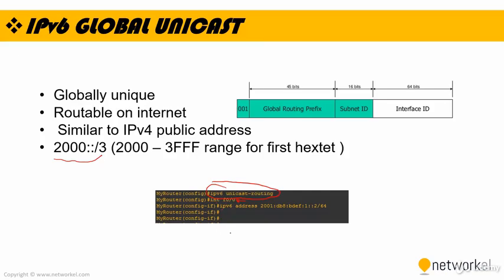If you were configuring IP version 4, you would type ip address followed by the address and the subnet mask. But if you're configuring IPv6, you type ipv6 address instead of ip address. That's it. The rest is the same: the IP address and the subnet mask.